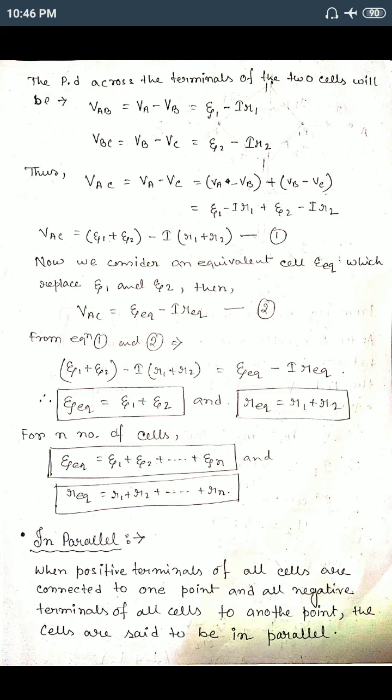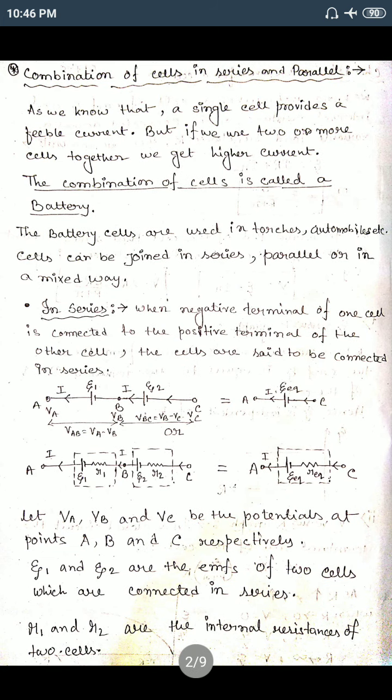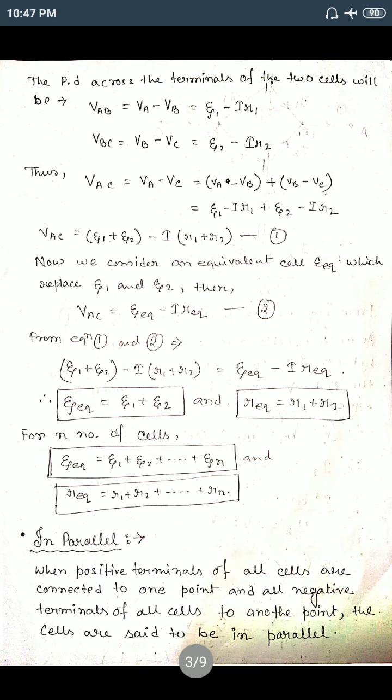So if we consider an equivalent cell EEQ which replaces E1 and E2, then what can we write? You see this diagram, equals sign over there, and I will draw this one, E equivalent, that has only two terminals A and C. So VAC equals E equivalent minus I into R equivalent. This is equation number 2.